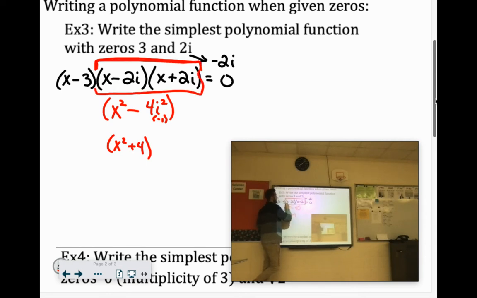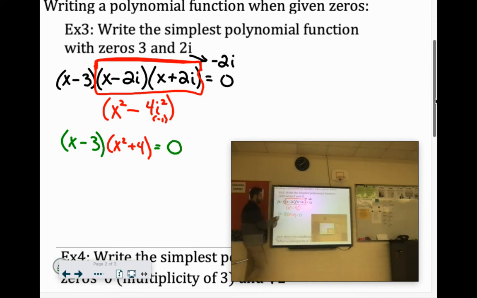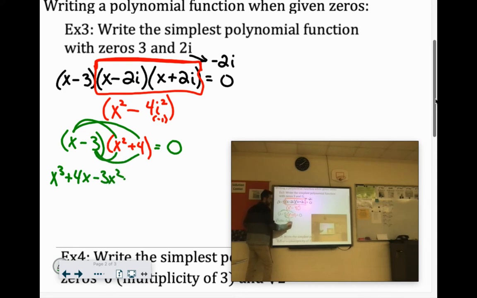So that part is all handled. Now we just need to bring in this x minus 3 stuff. FOIL this out, and then we're done. X times x squared is x to the third. X times 4 is 4x. Here we'd have negative 3x squared and negative 12.